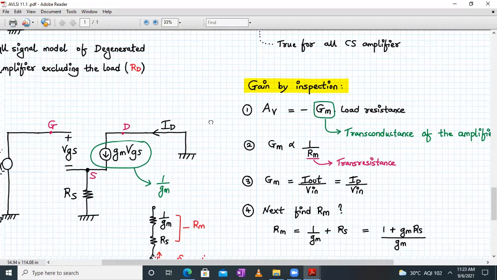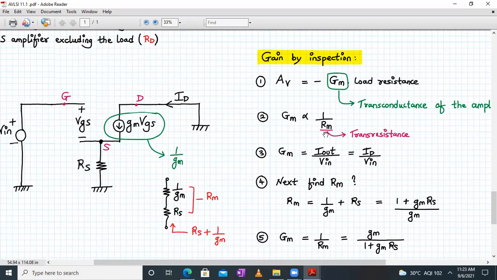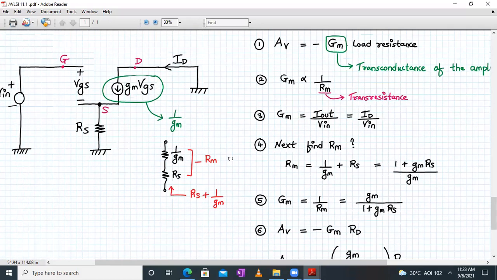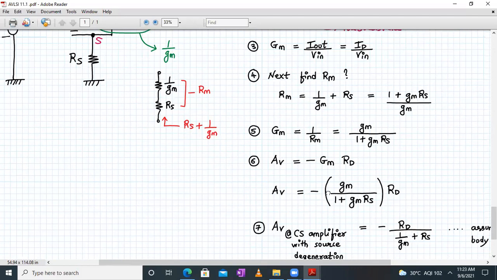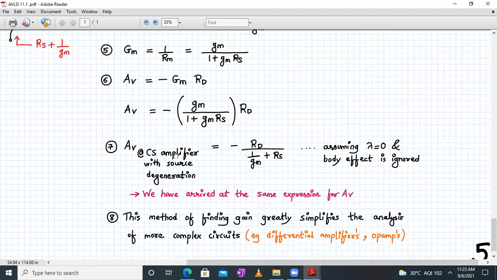Gm is proportional to 1 upon Rm, and Rm is effectively RS plus 1 upon gm. Plugging Gm into the gain formula AV, we finally get the small signal voltage gain of a CS amplifier with source degeneration, the same as derived earlier, now using the lemma.